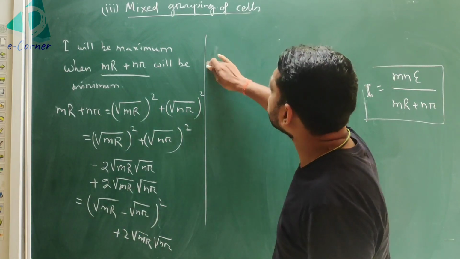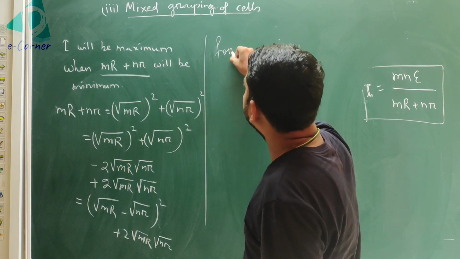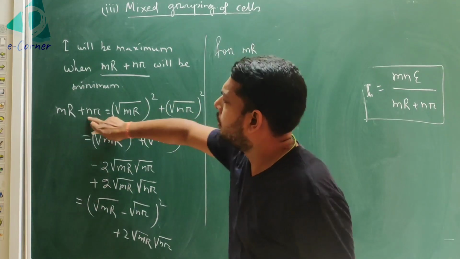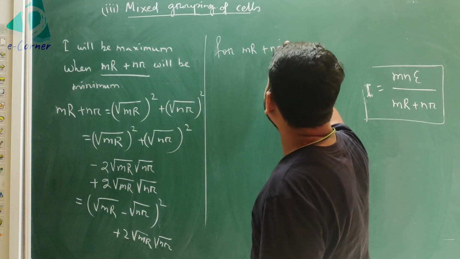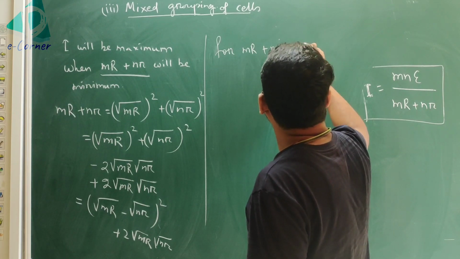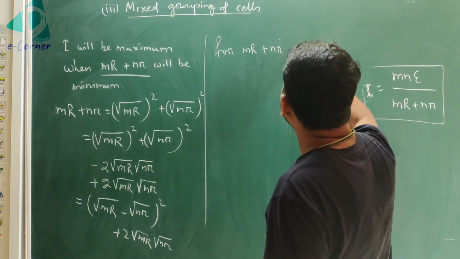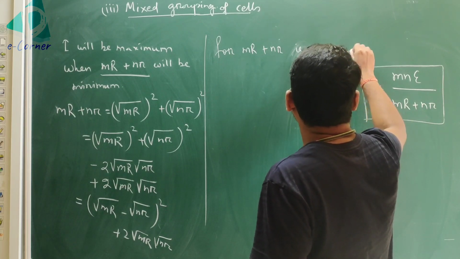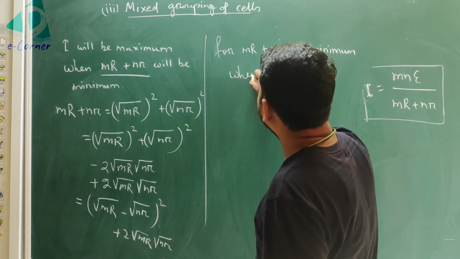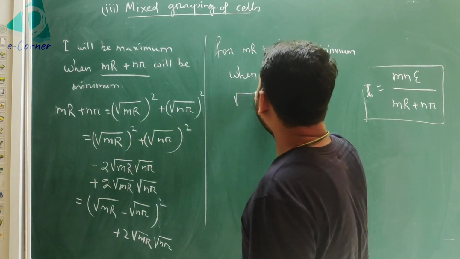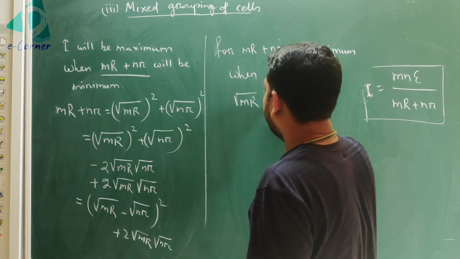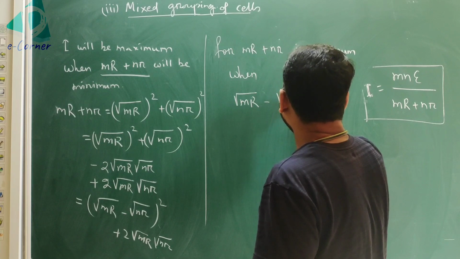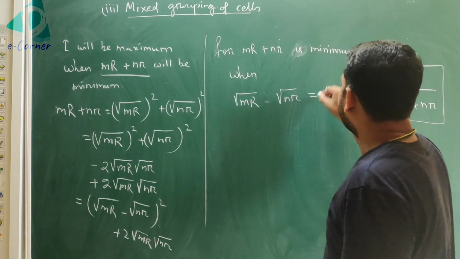That means for MR plus NR to be minimum, root under MR minus root under NR must be equal to 0.